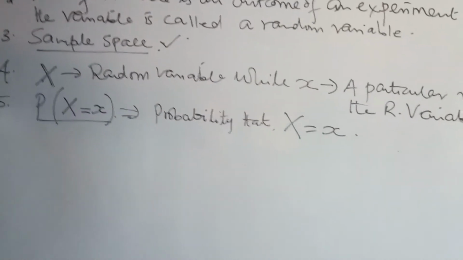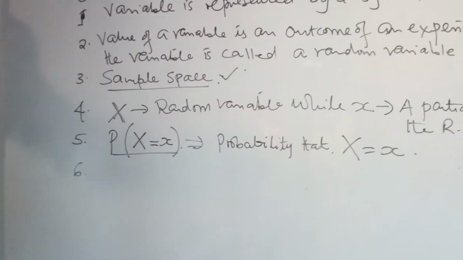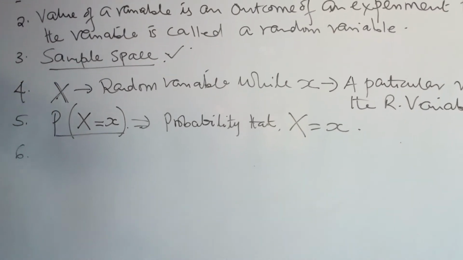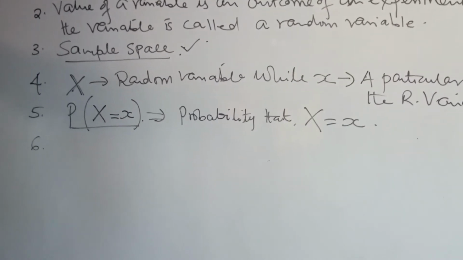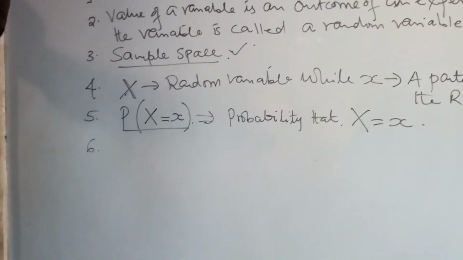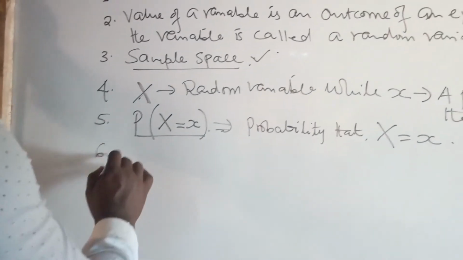Now, random variables may be discrete or continuous. So what is a continuous random variable? A continuous random variable is one where the outcomes can be any value on a continuous scale.